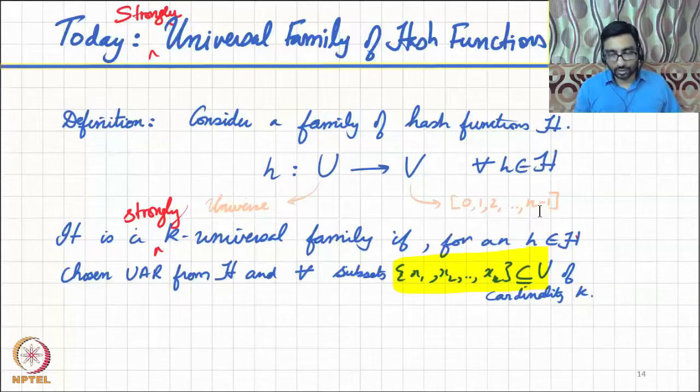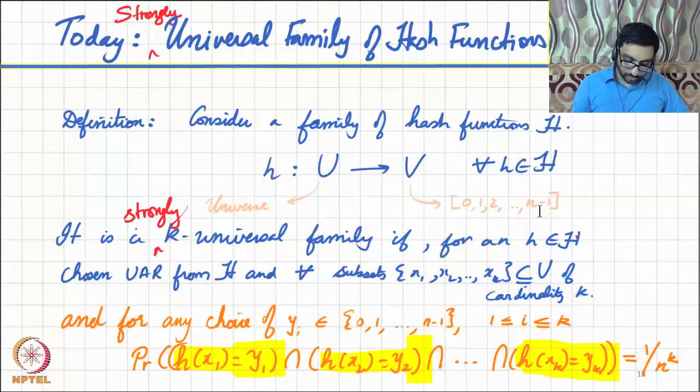Now again, as before, let's consider one of the hash functions h chosen uniformly at random. And let's assume x1 through xk is a subset of the universe, and this subset is at most of cardinality k.